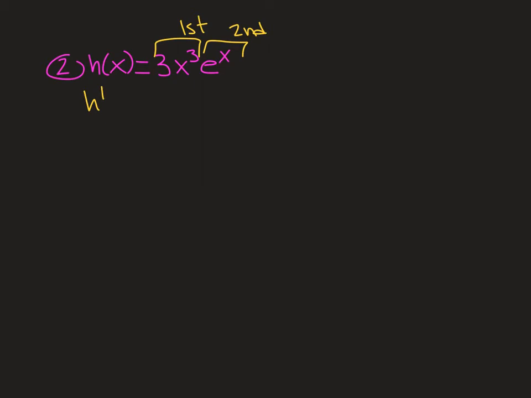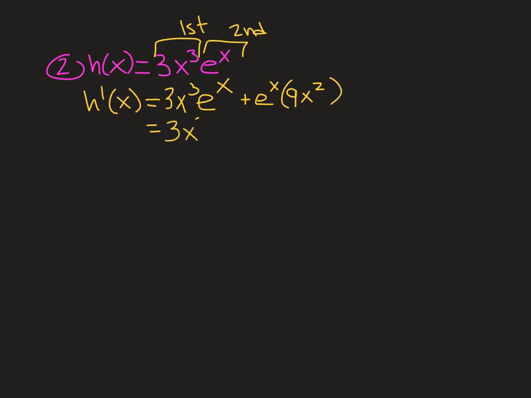So using the product rule, we get that h prime of x is going to be equal to my first term, which is 3x cubed, times the derivative of the second, which is e to the x, plus my second term, which again is e to the x, times the derivative of the first term, which is 9x squared.